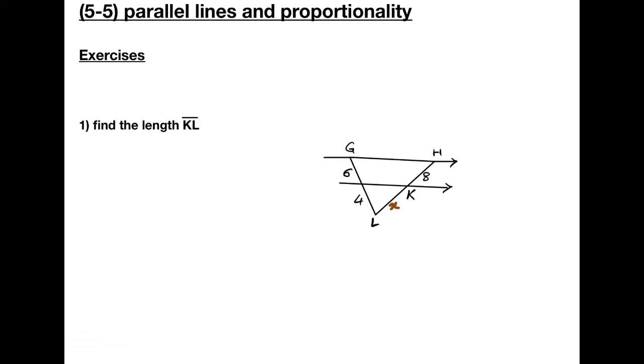Okay, so if you remember, proportionality goes like this. LK over KH equals LJ over JG. This vertex is not given, so let's call this vertex some letter, like J. L is here, K, H, G, and this point here is J. Okay, so let's write the proportionality.